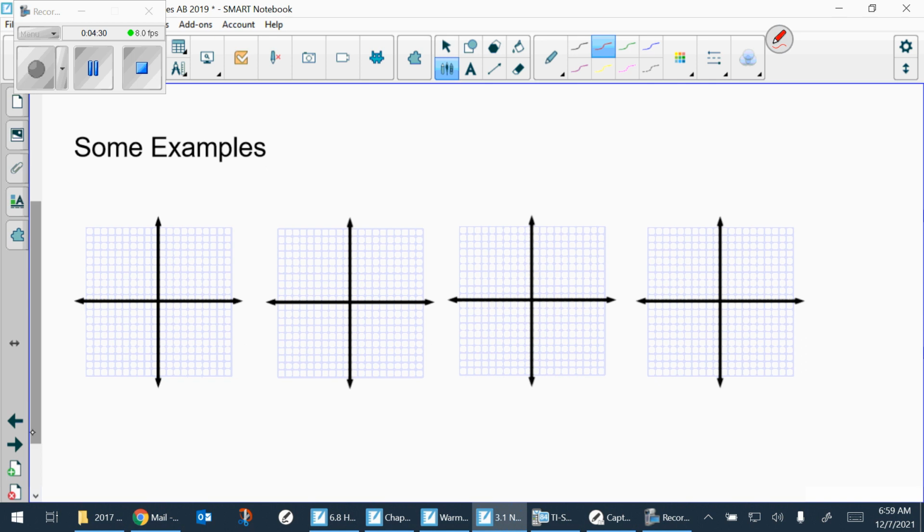So let's take a look at some examples. What if we have something that looks like this? We've got ourselves a horizontal line. Now, I've drawn that at, I think it's about y equals 4.